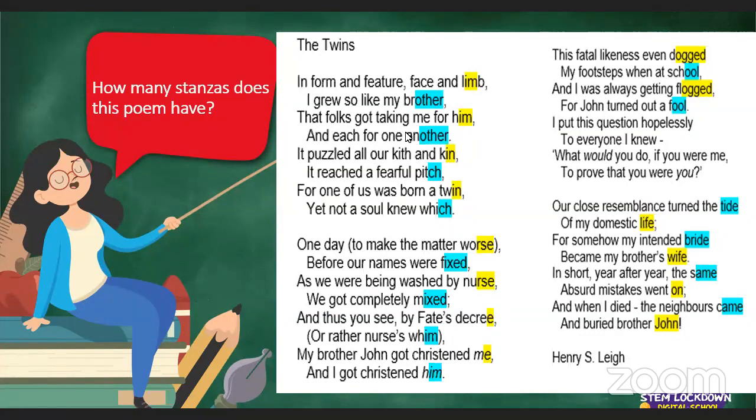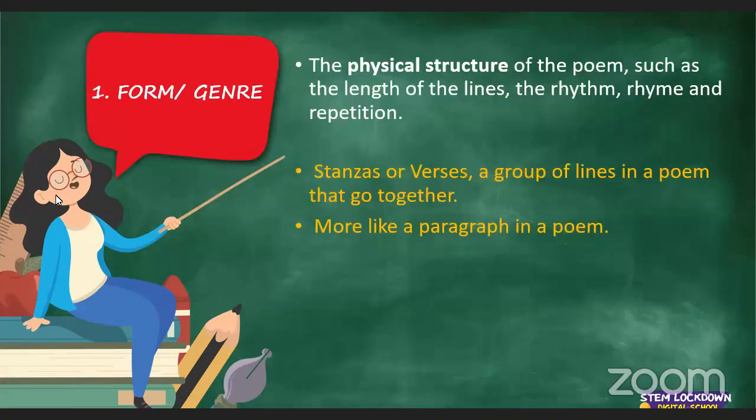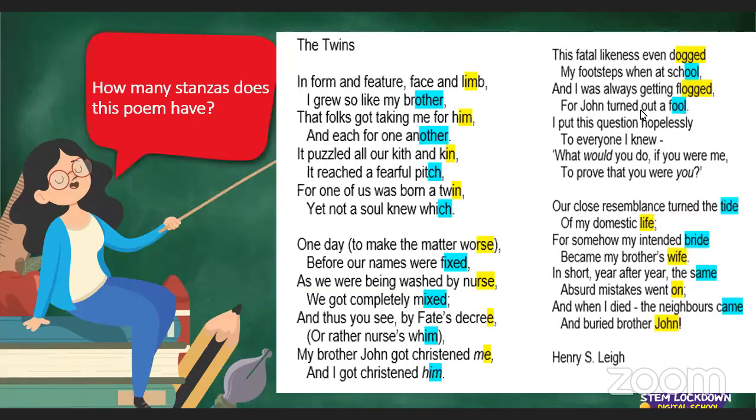Remember, let me just go back a bit. We said the form is the physical structure of the poem, such as the length of the lines, the rhythm, the rhyme, and repetition. So what else can you say about the poem that you have in front of you? What is it that you are noticing about it?